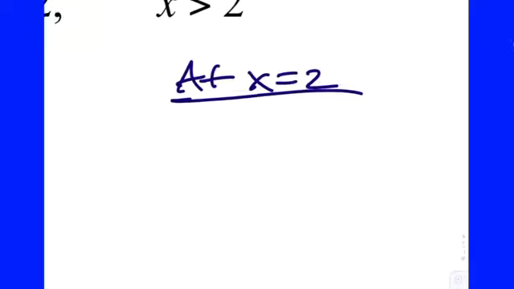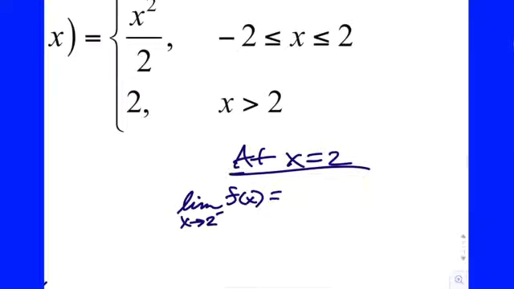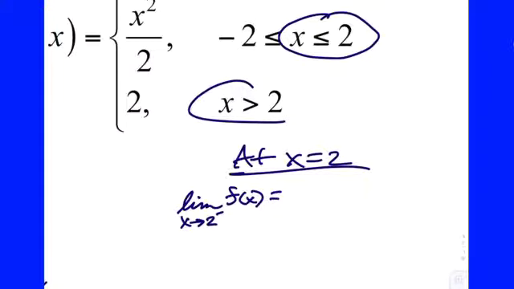I'm just going to write them down as I go. So I'm thinking road, bridge, road. The road coming in from the left is the limit as x goes to 2 from the left, okay? Don't forget the function up there and then equals. Now I'm looking at that's left of 2 and at 2, and that's greater than 2.